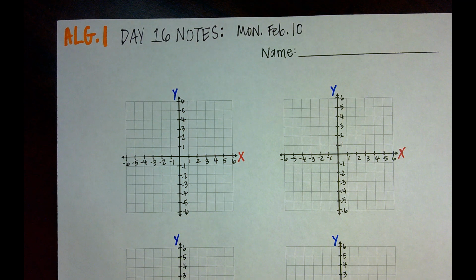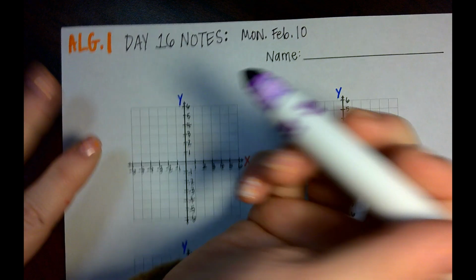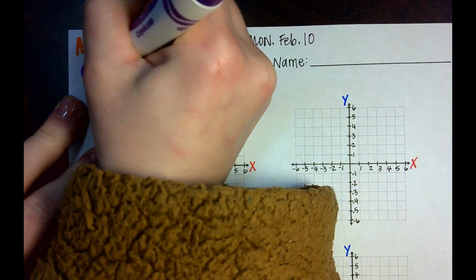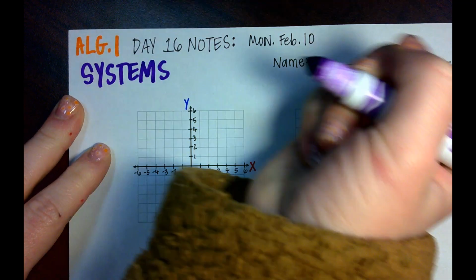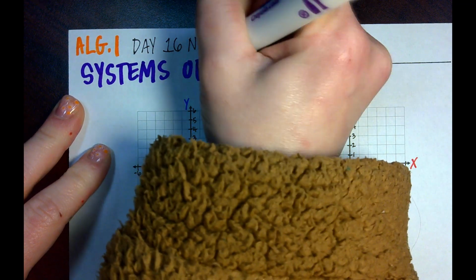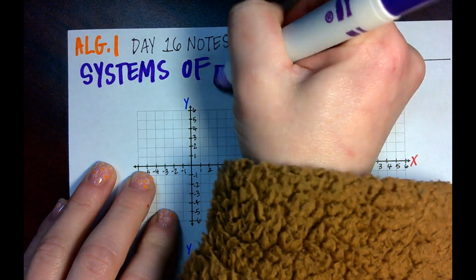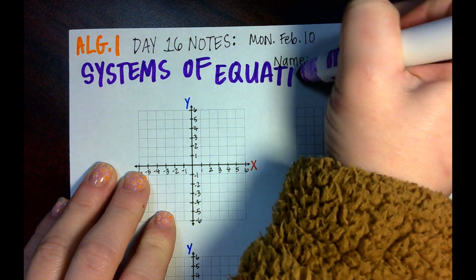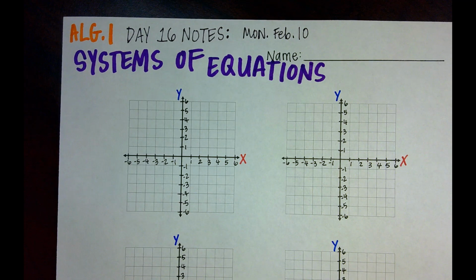And we've been working with graphing equations, graphing inequalities. Now we're going back to equations and we're going to talk about systems of equations. That's a little wonky, but it's okay.